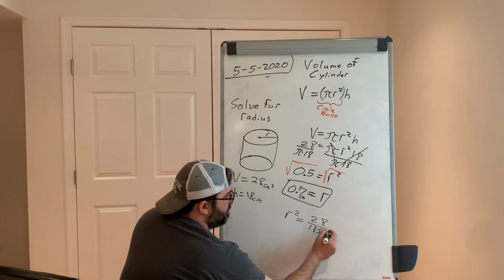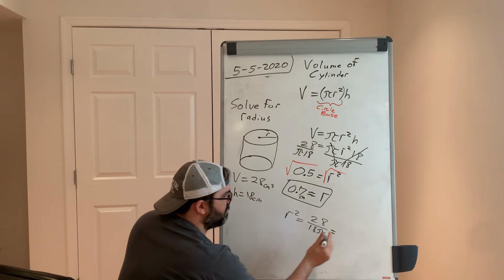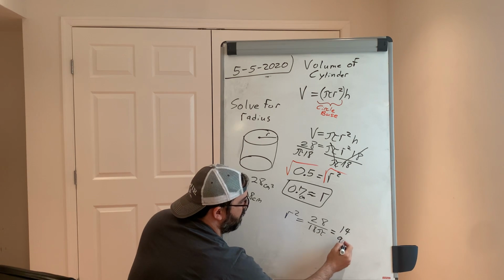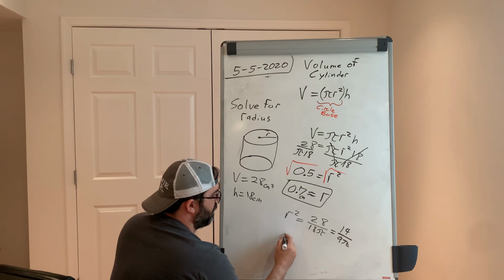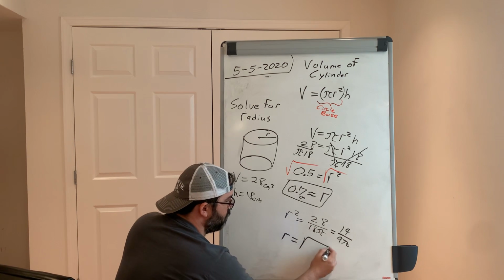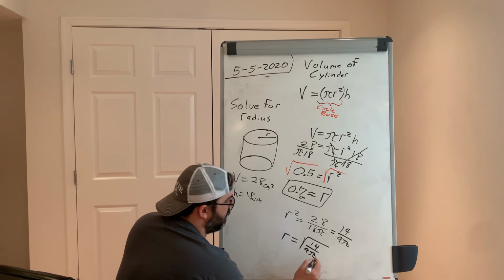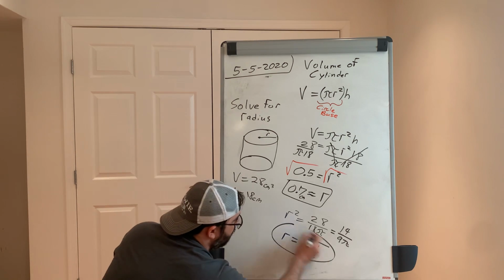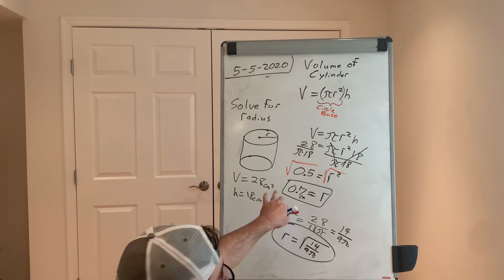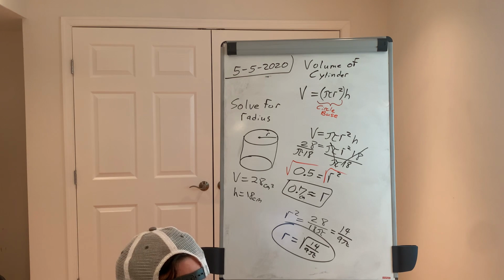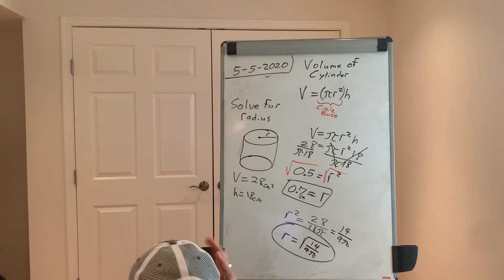Which simplifies to, what, 14 over 9 pi, right? So I would have taken the square root of both of those, and I have r is equal to the square root of 14 over 9 pi. Now, I don't anticipate that it would ask you to do this. It'll probably want you to do the decimal expansion, so what we did above. Basically, if you have to leave it in terms of pi, you're going to end up with that fraction. You just are.